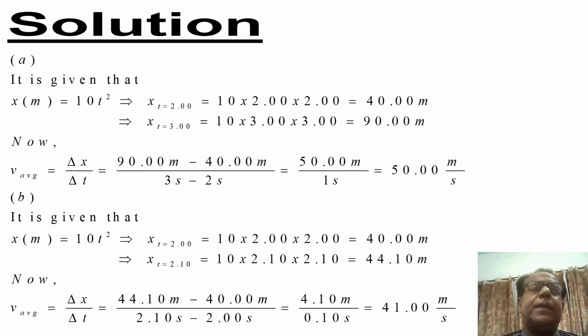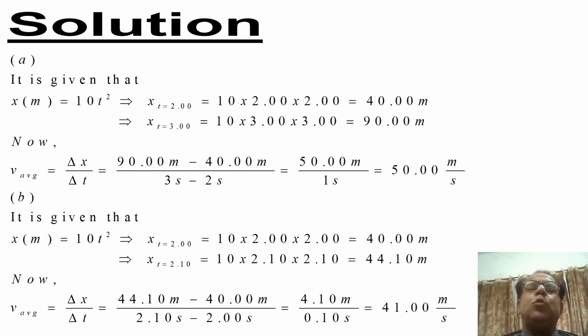Now, V average is equal to delta x over delta t, which alternatively becomes equal to 90.00 meter minus 40.00 meter divided by 3 second minus 2 second, which alternatively becomes equal to 50.00 meter divided by 1 second, which alternatively becomes equal to 50.00 meter per second.